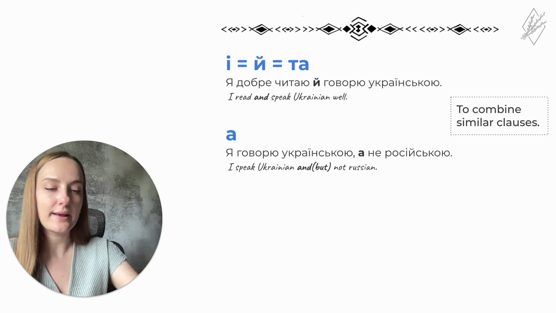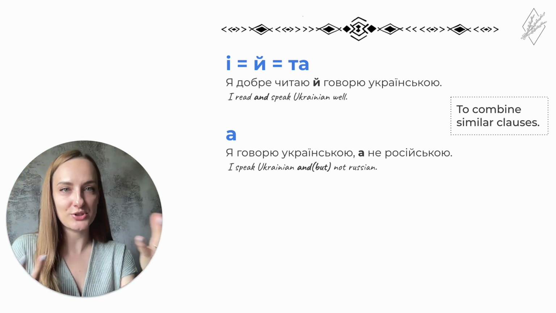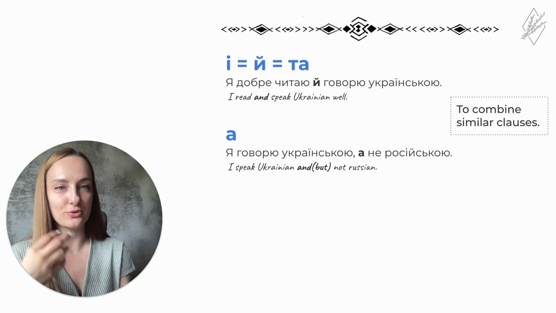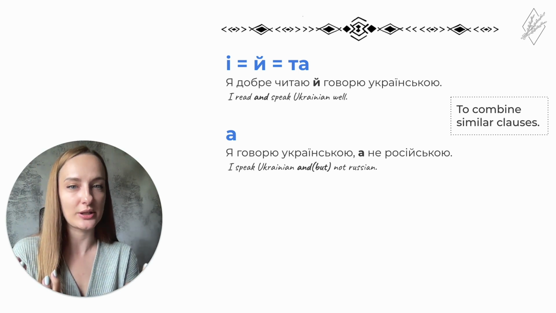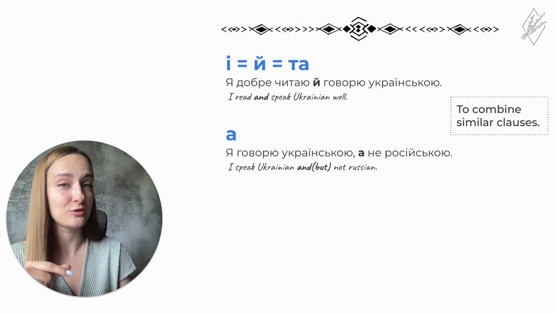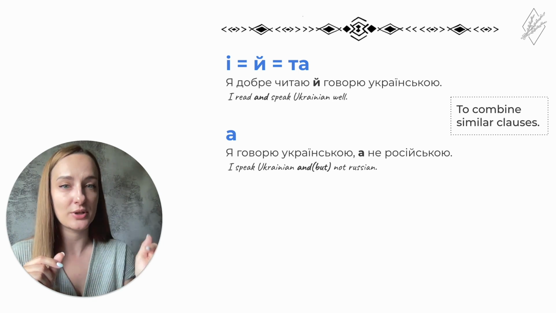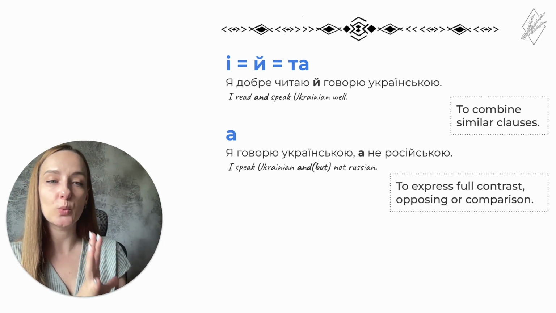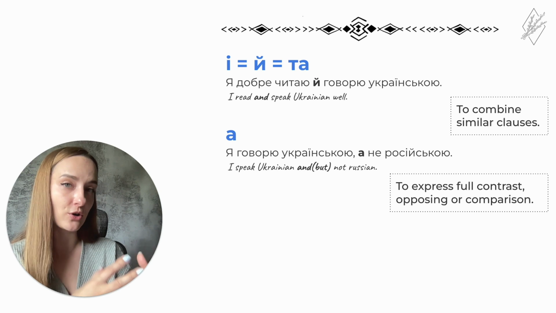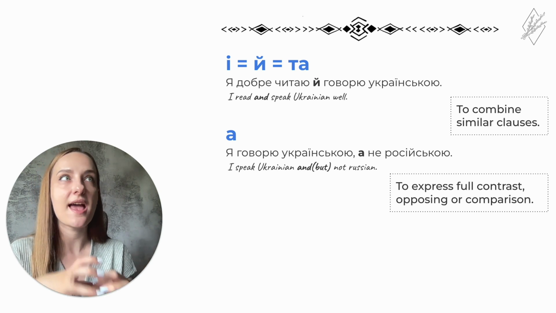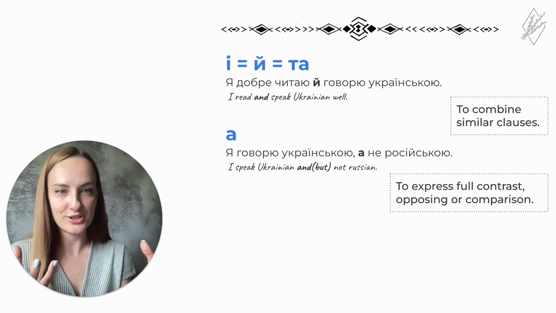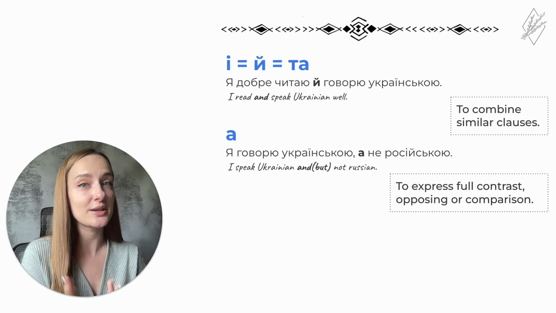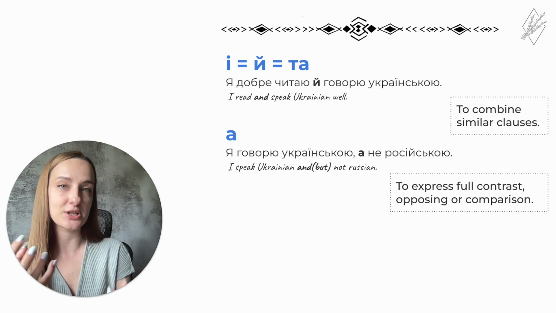Here we like opposite towards Ukrainian language and Russian language. I speak Ukrainian, but not Russian. So we use conjunction а very often to express a full contrast or opposite or sometimes comparison of some clauses.